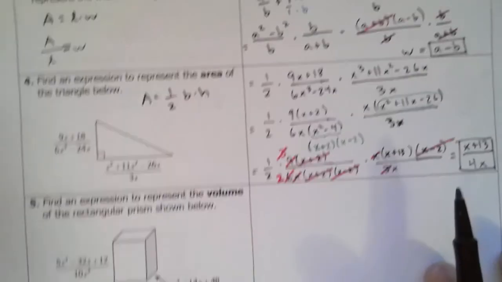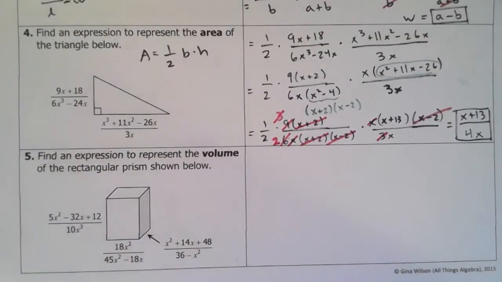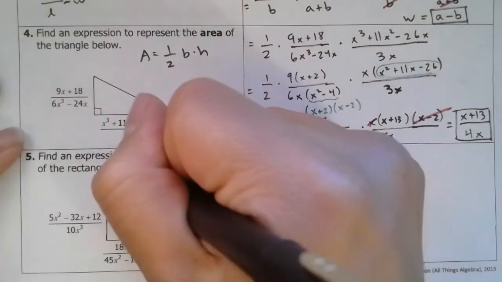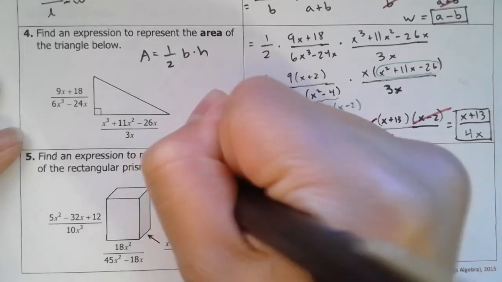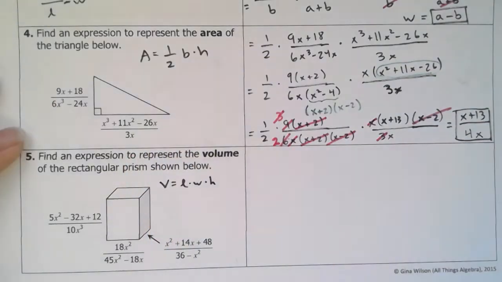Number 5, it says find the expression to represent the volume of the rectangular prism shown below. The volume for a rectangular prism is length times width times height. All the expressions are given here, so I'm multiplying 3 expressions together.